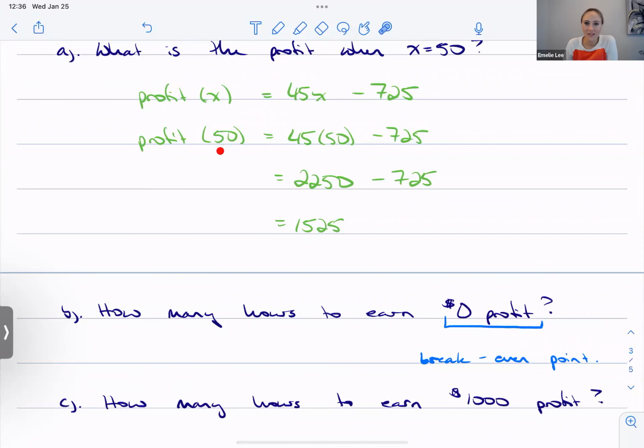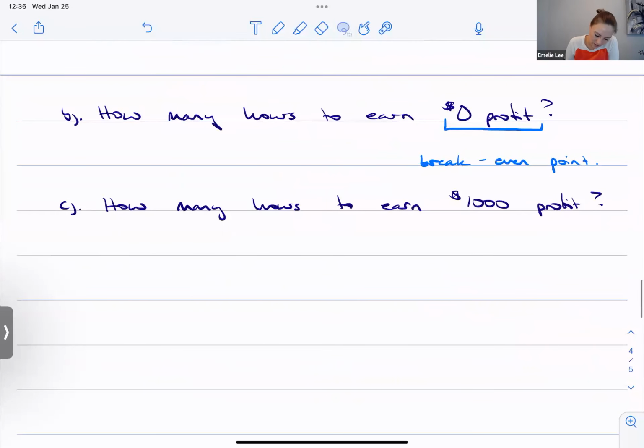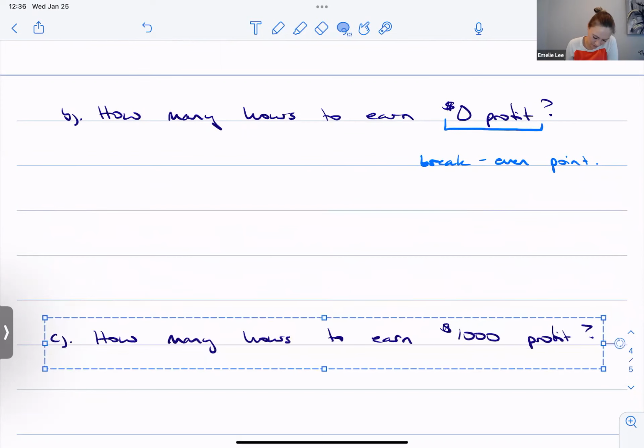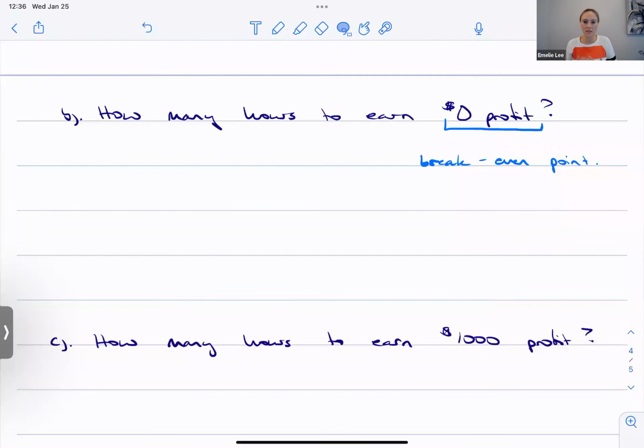Well, it's going to be less than 50, right? Because at 50 hours, I made 1525. So if I want to make 1,000, it must be less than 50. So that's what we'll see. But that's just something to think about to check your work. I'm all about checking your work, right? Does my answer make sense?